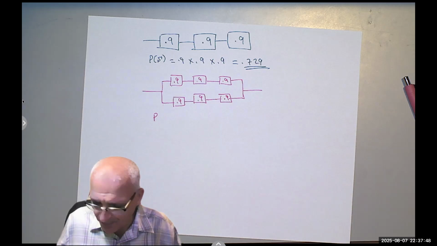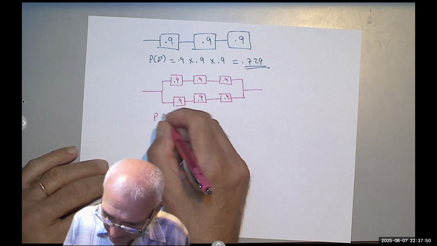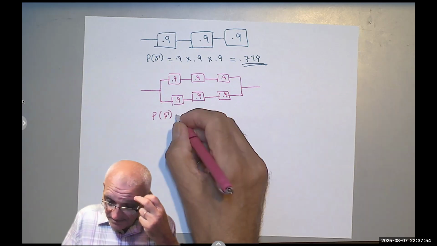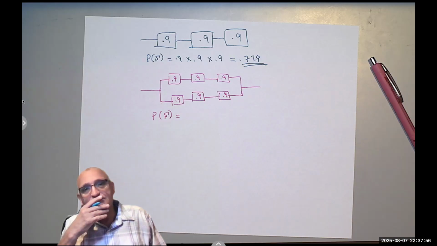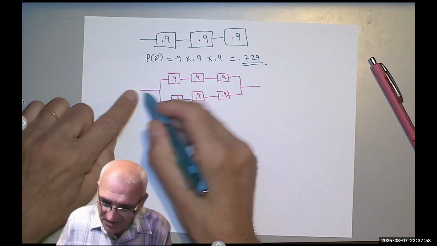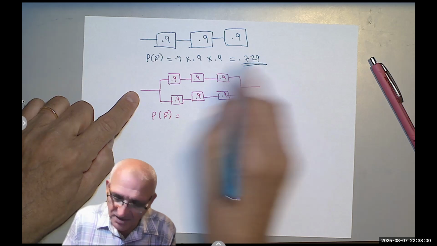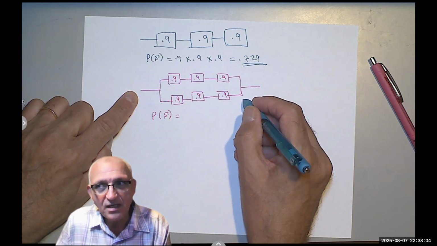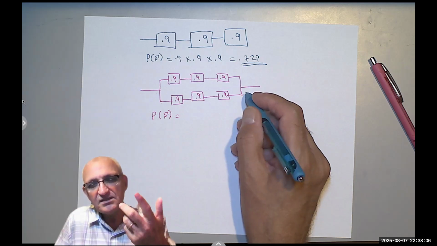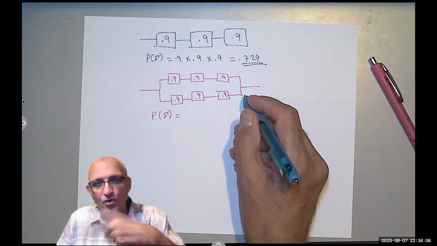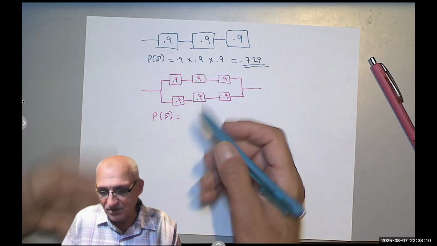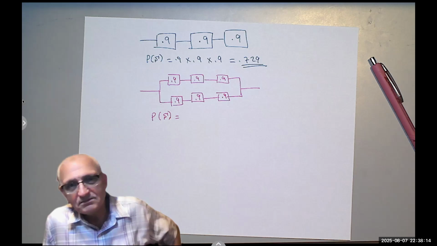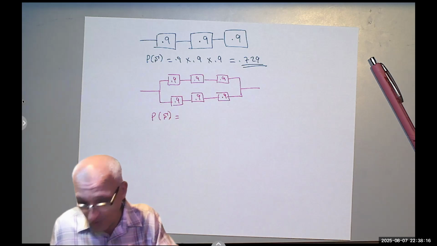So basically, the probability of the system to survive is what? You say either this works, which is 0.729, or this works, which is 0.729. But remember when we said the or, I have to subtract the probability that both work, because I would be adding that twice.